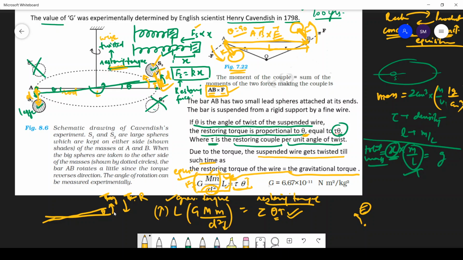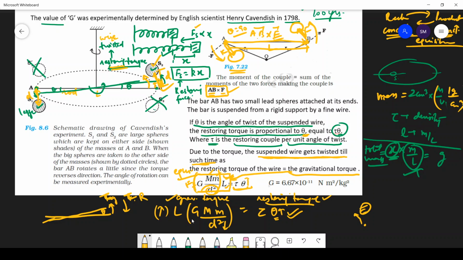The gravitational torque is also increasing, but the restoring torque is increasing at a much faster pace. Then a point comes when these forces are equal and opposite. The suspended wire keeps twisting till the time comes when both the forces are equal.